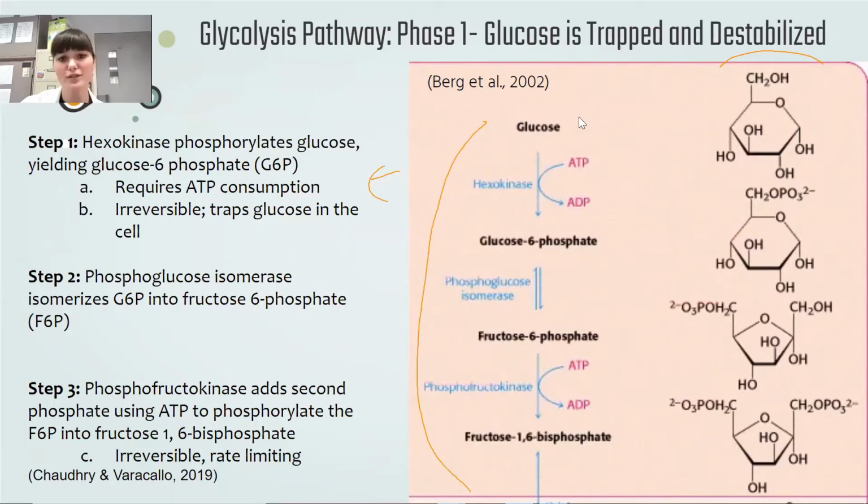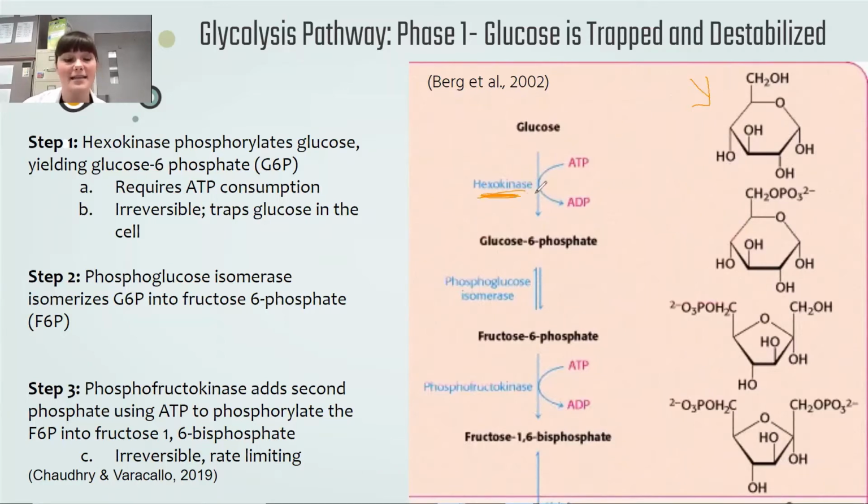So looking at step 1, hexokinase is going to phosphorylate glucose, yielding glucose 6-phosphate. So let's take a look at what that looks like. Up on the top here, we have the original glucose molecule, again, that hexagonal sugar.